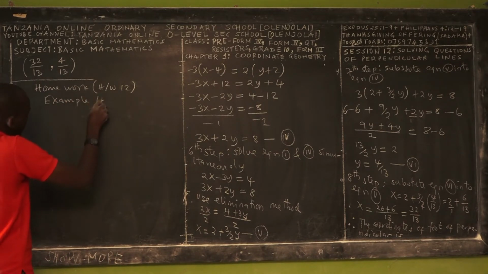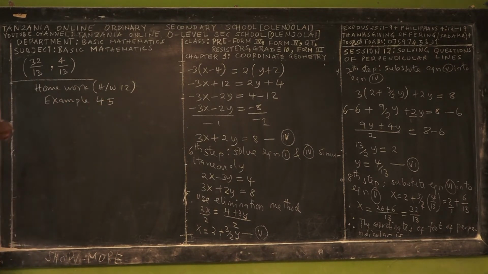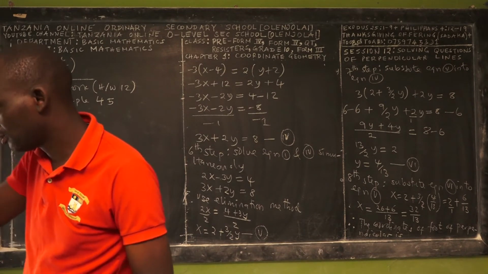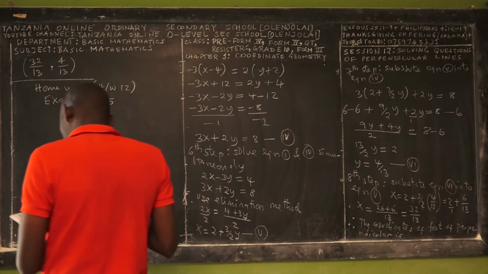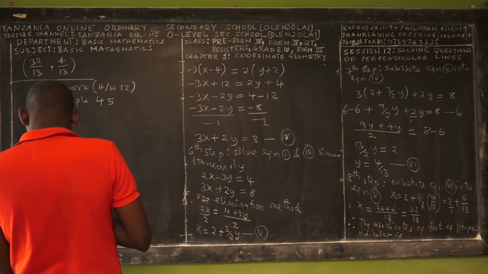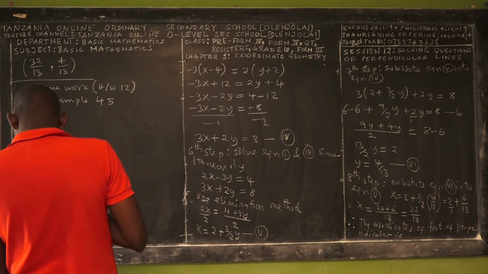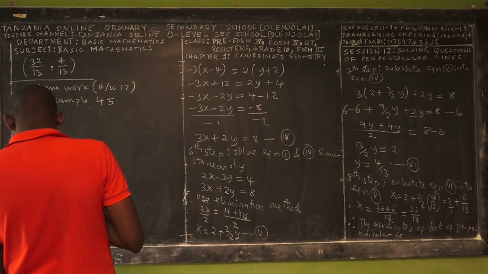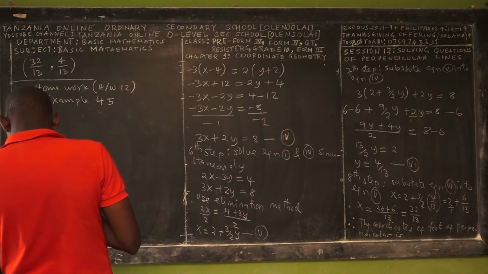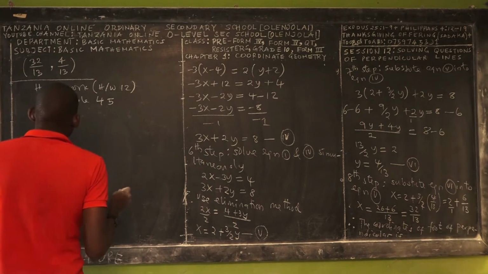example 45, which you write on the blackboard, you take it from exercise 5.